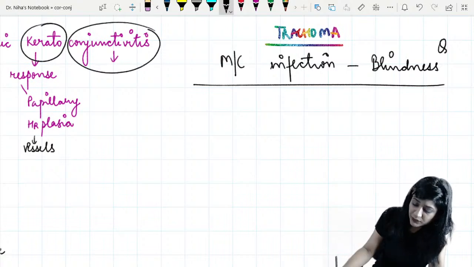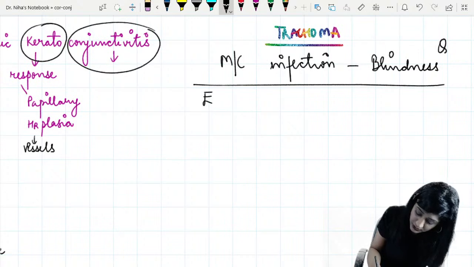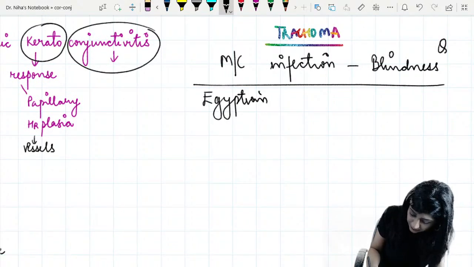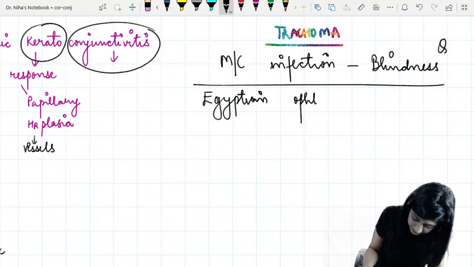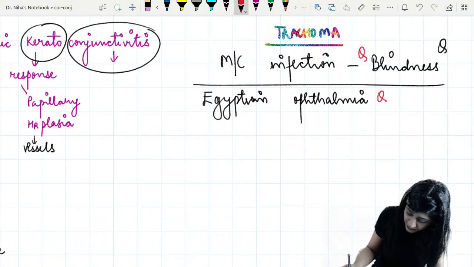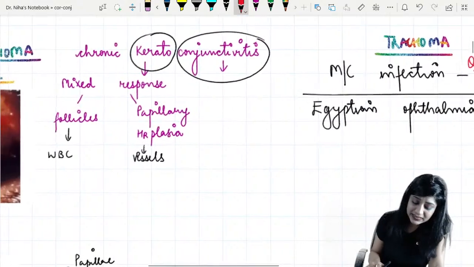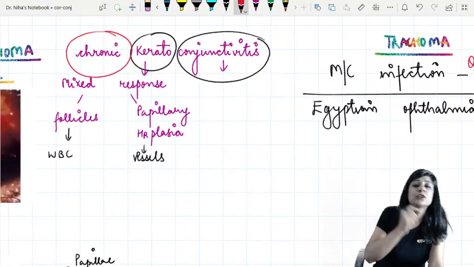Its other name is Egyptian ophthalmia, and the important thing is that it causes a chronic keratoconjunctivitis.